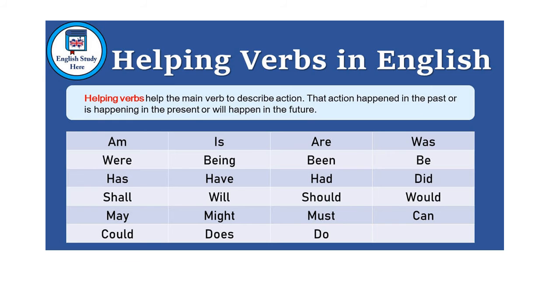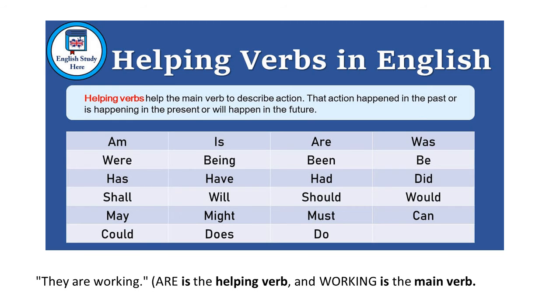So let's try this sentence. As an example here, you can say they are working. They is definitely a plural subject. Are is your helping verb here, and working is the main verb. You see how it helps, right?